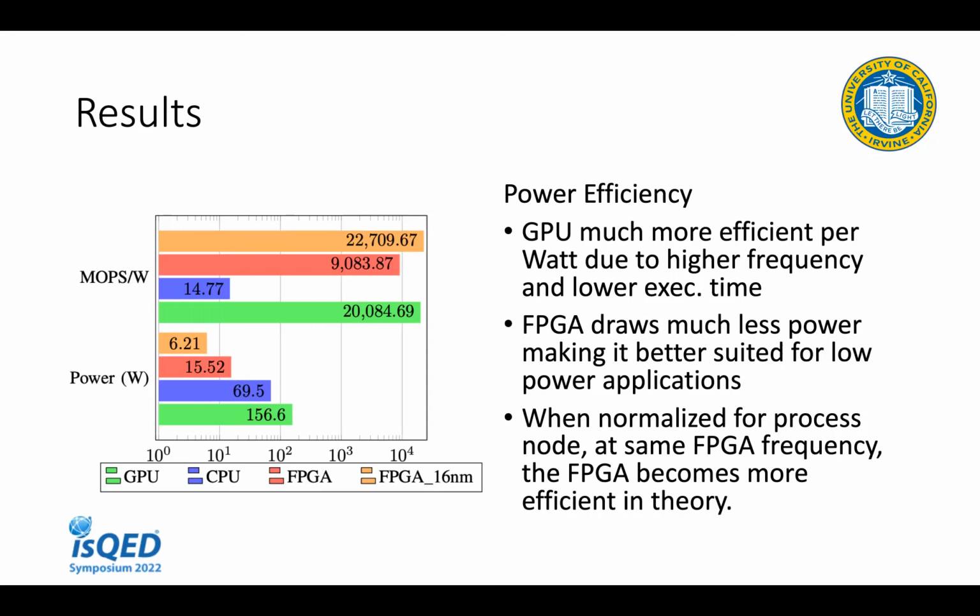This, we think, can be a valid comparison because most FPGA designs are made to eventually be cast on an ASIC, and for that you would generally be using the most advanced process node available.